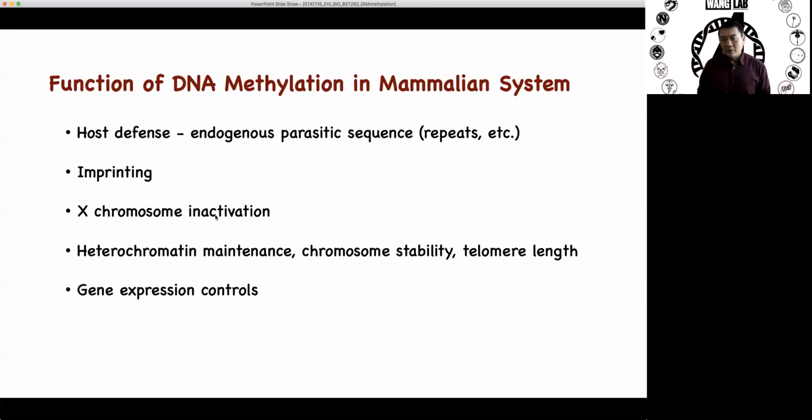X chromosome inactivation, right? So in humans, females have 2 X's, males have 1. Different animals have a different way to balance the expression from the X chromosome. What humans do is, in females during development, right? So this is the early stage of development.